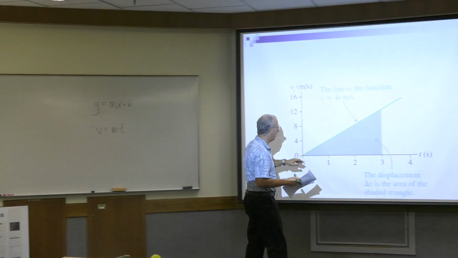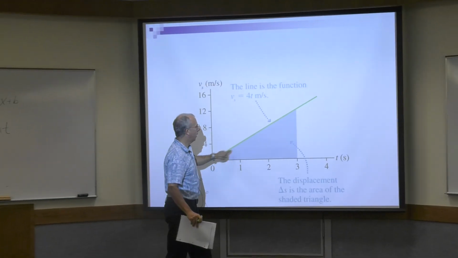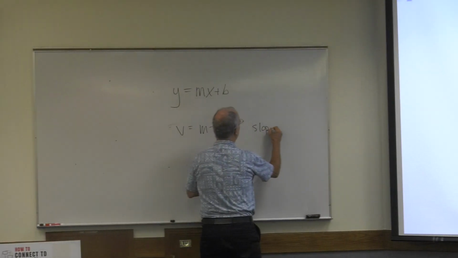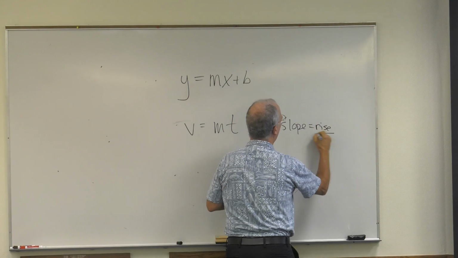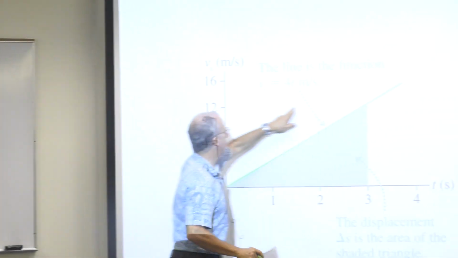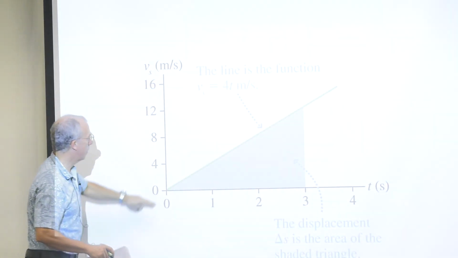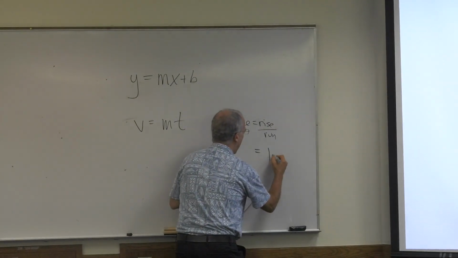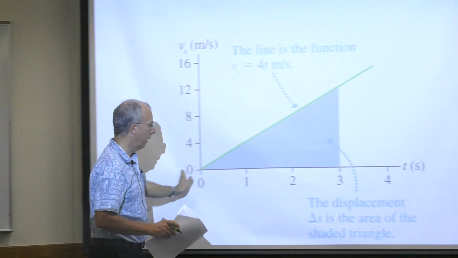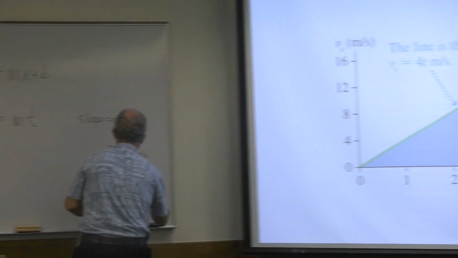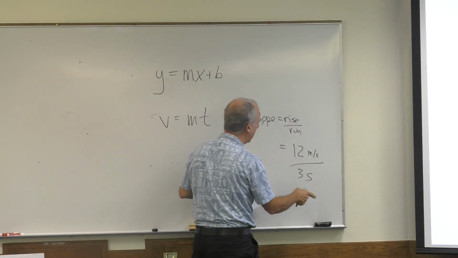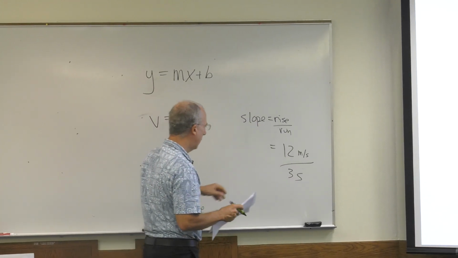Now, what's the slope? Pick this point, pick this point. The slope is again the rise over the run. From here to here it's 12 meters per second, and the time from here to here is 3 seconds. So 12 over 3 is 4. Look at the units.